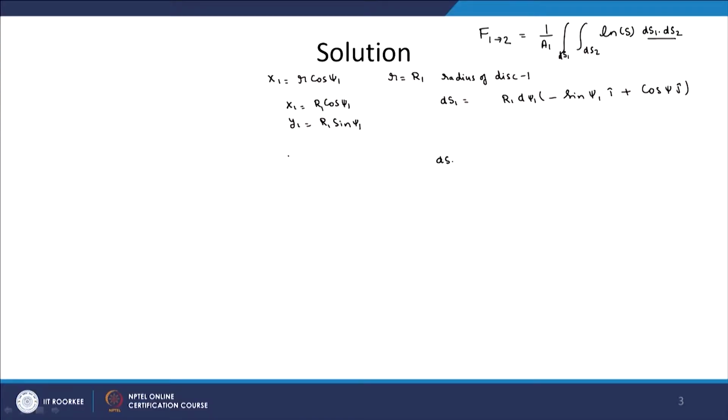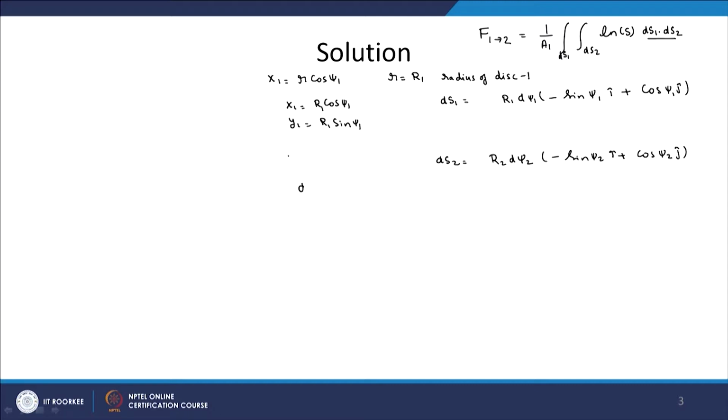Similarly, we can write ds2 as equal to r2 d psi 2 times minus sin psi 2 i cap plus cos psi 2 j cap. This is ds1 and ds2.